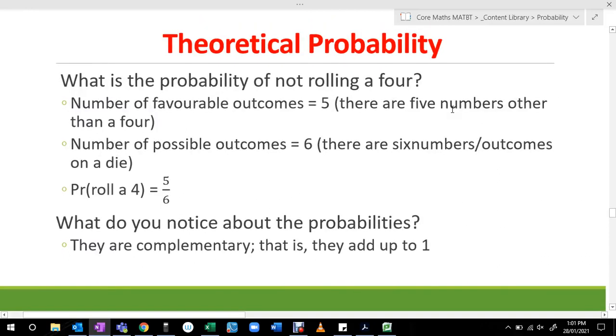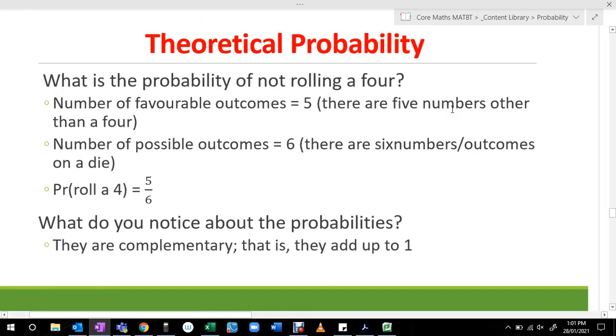Okay, now the flip side of this is the opposite of 4, which is obviously not 4. This is what we call a complementary event. So when it's not, it's basically meaning the opposite. So complementary event is basically the opposite of what it is that you want.